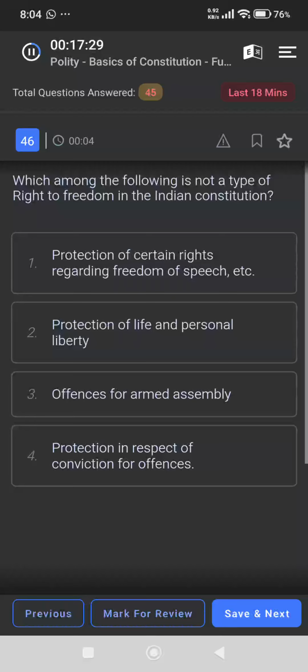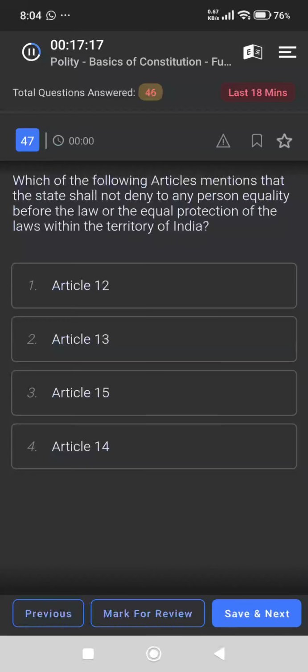Which of the following is not a type of right to freedom in the Indian Constitution? Offences of armed assembly. Which of the following articles mentions that the state shall not deny to any person equality before the law or the equal protection of the laws within the territory of India?